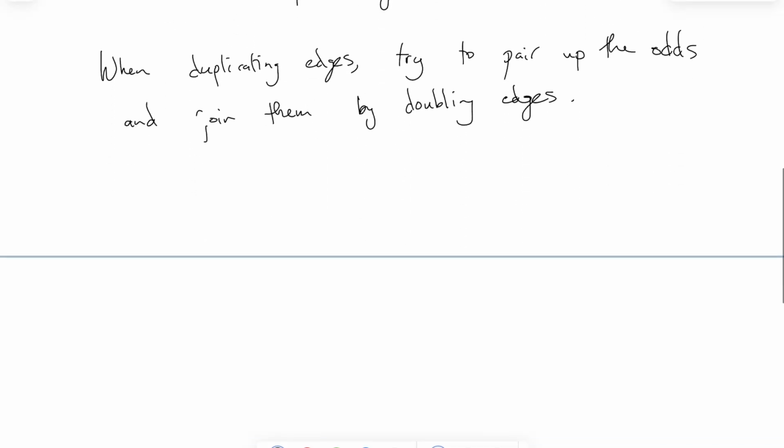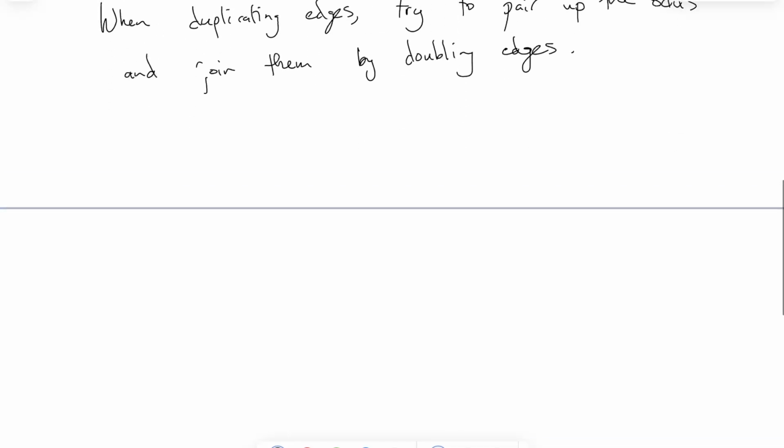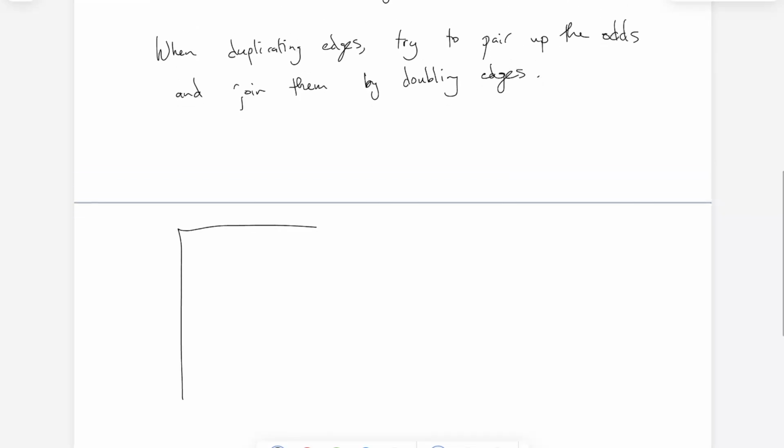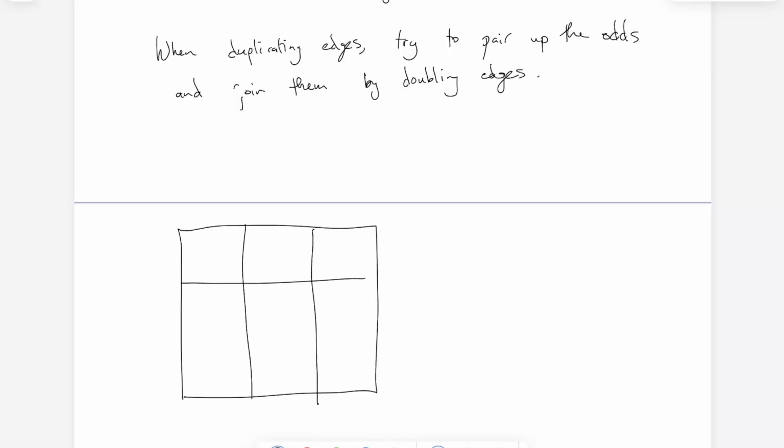So for example, let's look at a bigger version of the one that I was just doing. Sorry, I'm scrolling the words that I just wrote. Let's try this one.